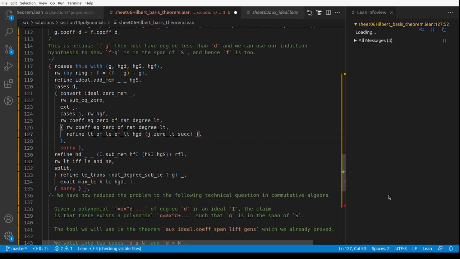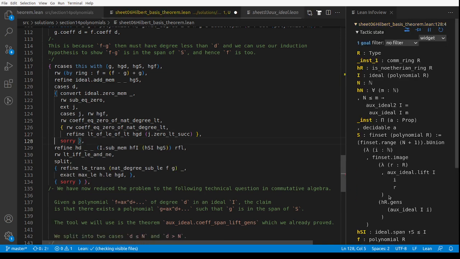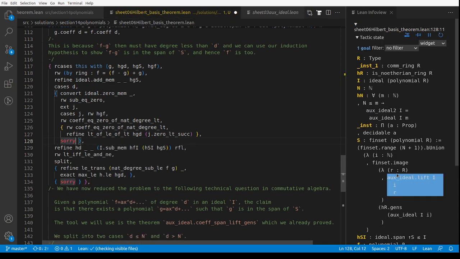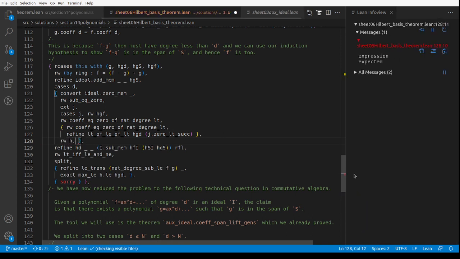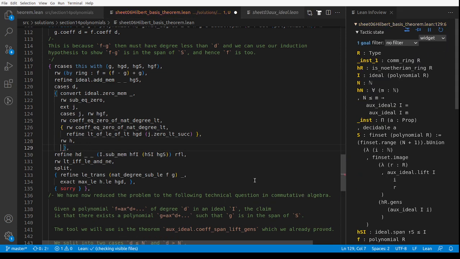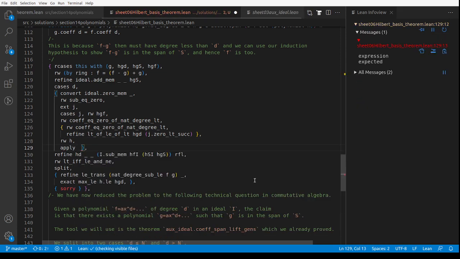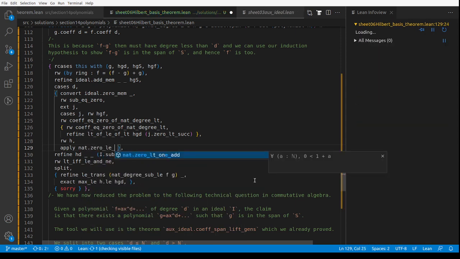It is. Great. And now what is left? I'm going to prove f.natDegree, so now I can rewrite h, and then apply the same thing again. So apply Nat.zero_lt_succ. That should do it.